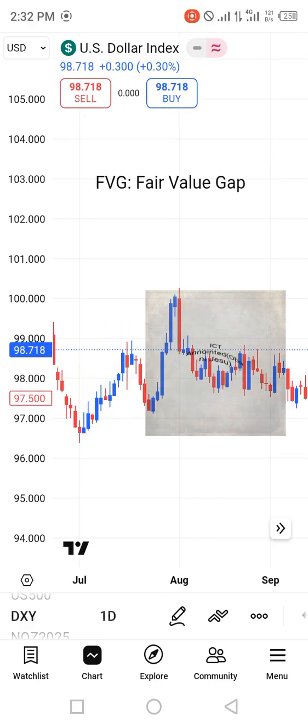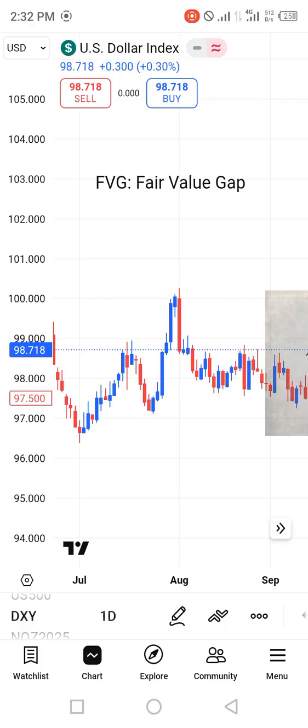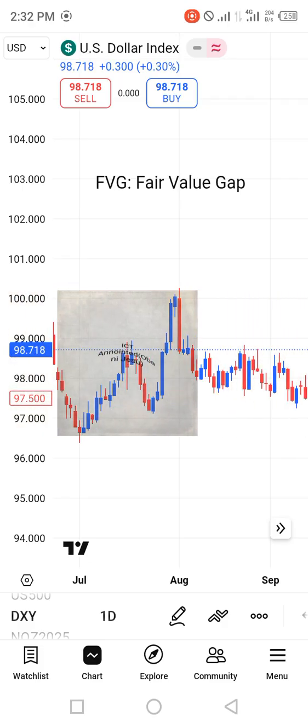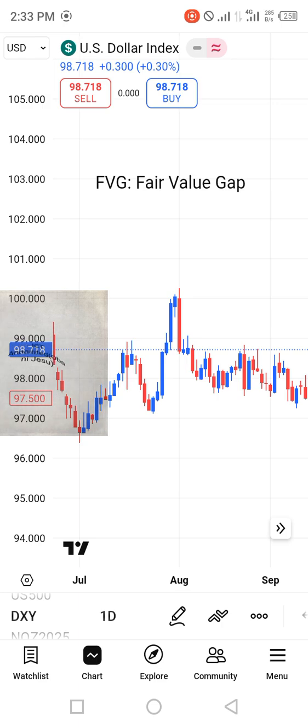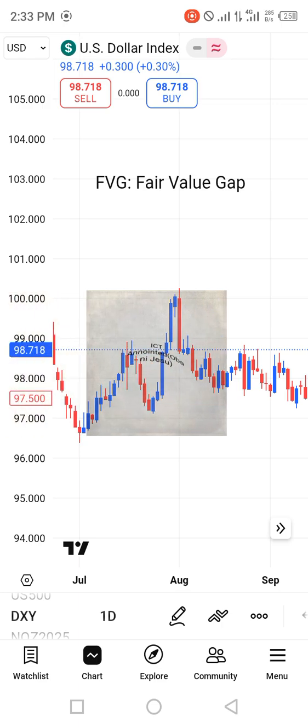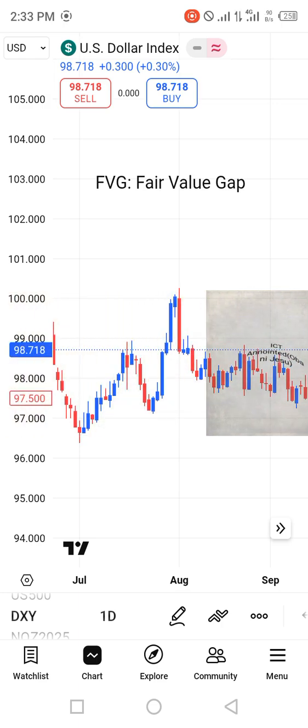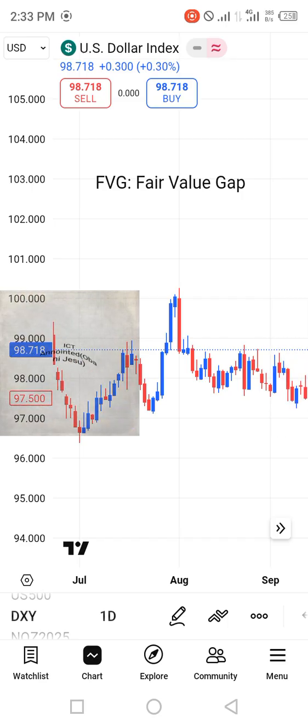Fair value means for the buy side and the sell side of the market, this value is fair to be taken, so that neither side of the market will argue, you cheated me, you cheated me.